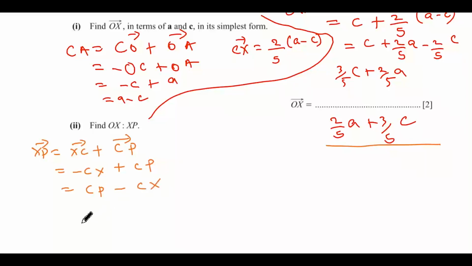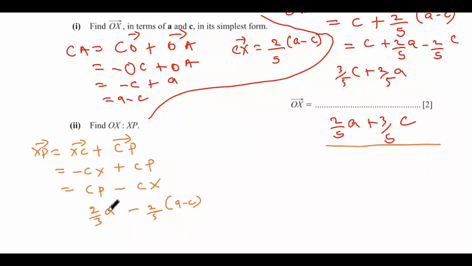Let's key in the values. CP is 2 over 3 A, then minus CX, which is 2 over 5 into A minus C. We've already found CP and CX respectively.